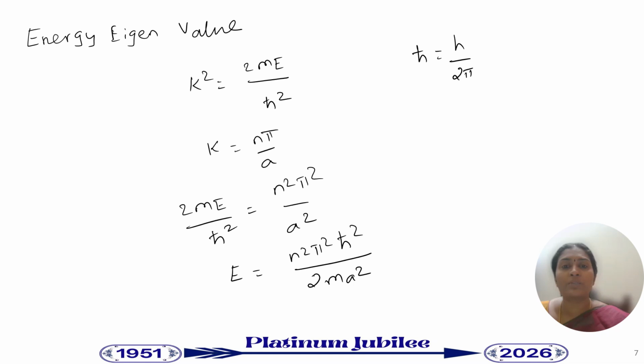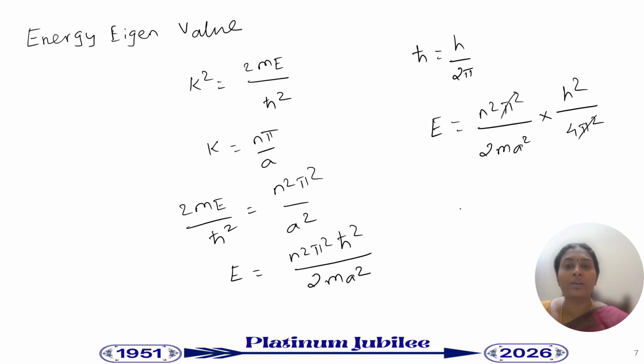By substituting this value, we get n square pi square by 2m a square into, for h cross square, h square by 4 pi square. So this pi square gets cancelled. The final value, the energy eigenvalue of this particle in a one-dimensional box, is given by n square h square by 8m a square.